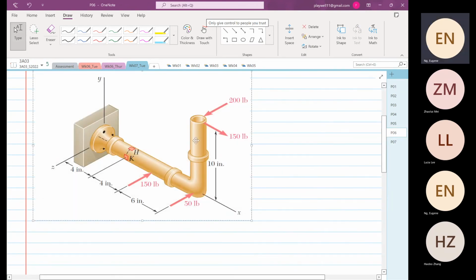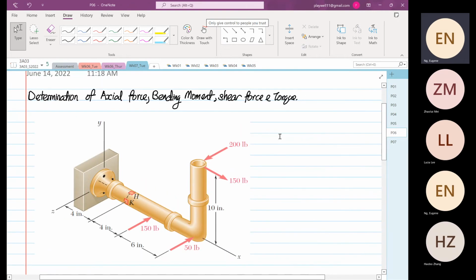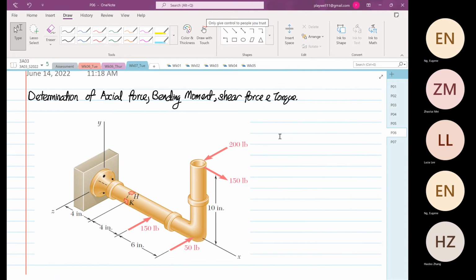Okay, and I'm going to devise a method that I've developed over the years that will help you determine what the bending moment, the shearing force, the torque, and the axial forces are easily.